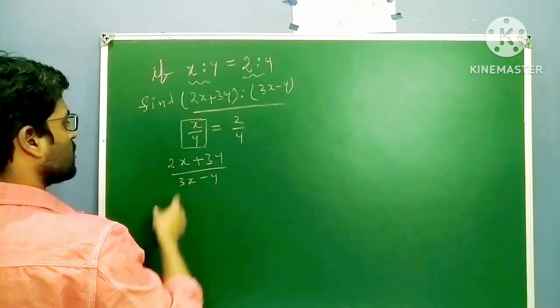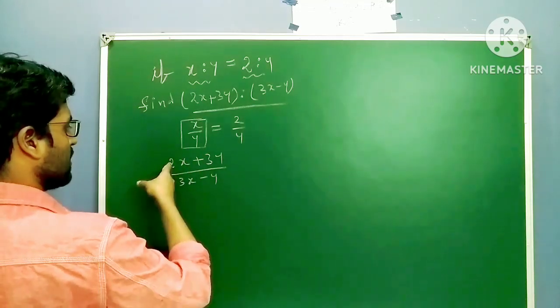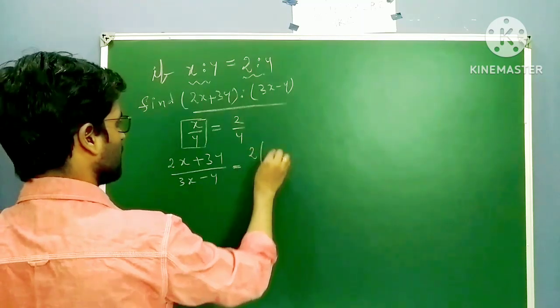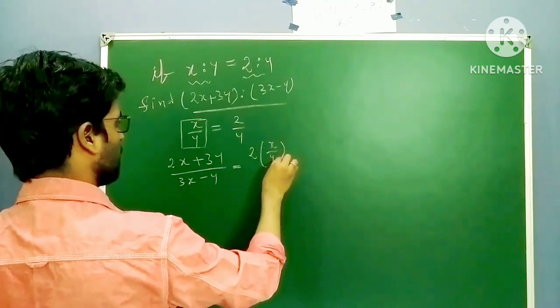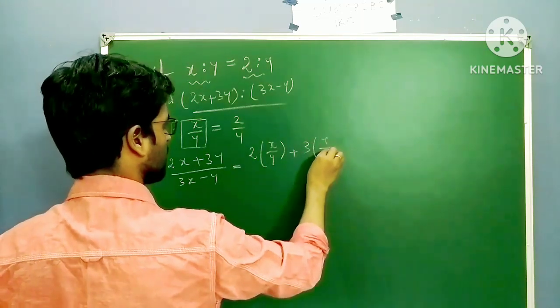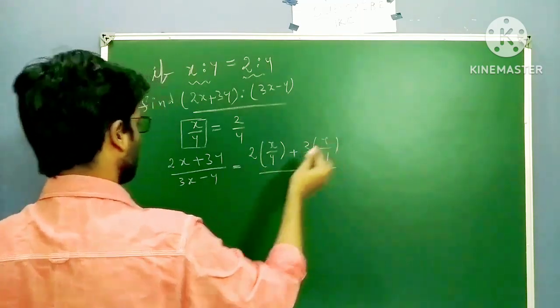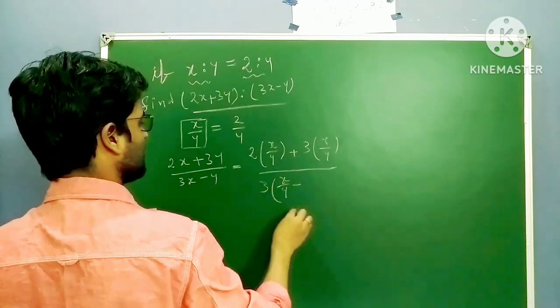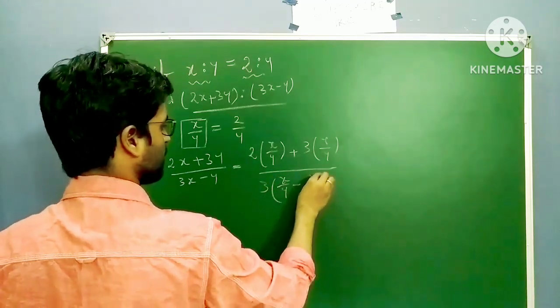So I can divide this whole equation by y. If I divide, 2 into x by y plus 3 into y by y, by 3 into x by y minus y by y.